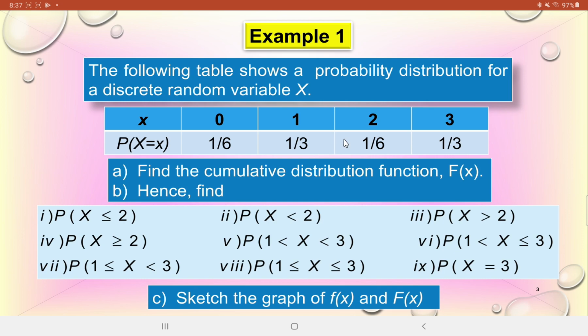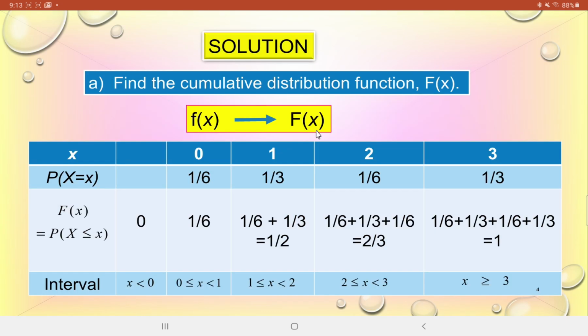Now we need to find the cumulative distribution function capital F. To find the CDF, firstly we construct a table with 6 columns and 4 rows. First row, we put the values of x: 0, 1, 2 and 3. Here we leave it blank.